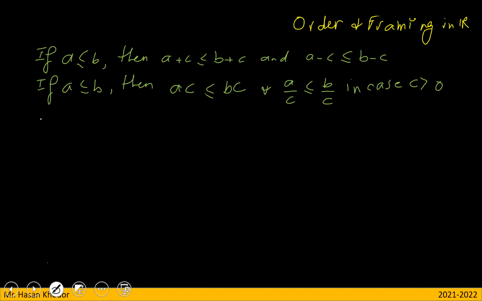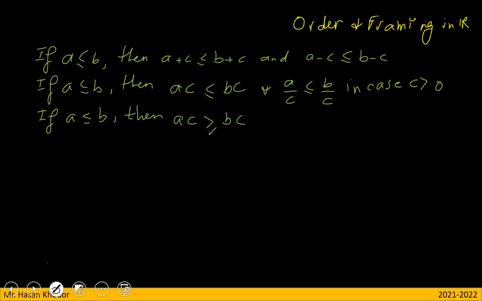Otherwise, if A is the smaller, that is, if A is smaller than B, and we multiply both of them by a real negative number C, then AC becomes what?